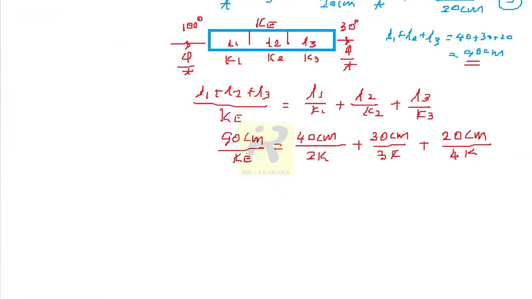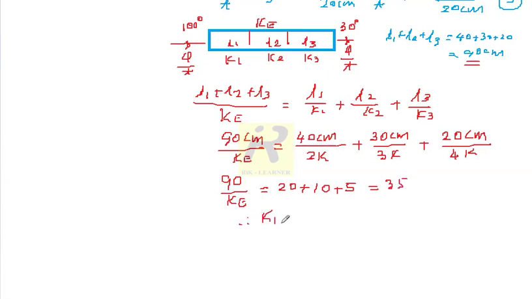Now we have to simplify this further. I can simply cancel centimeter on every side. So it is 90 divided by Ke, which equals 20 plus 10 plus 5, so this sum will become 35.